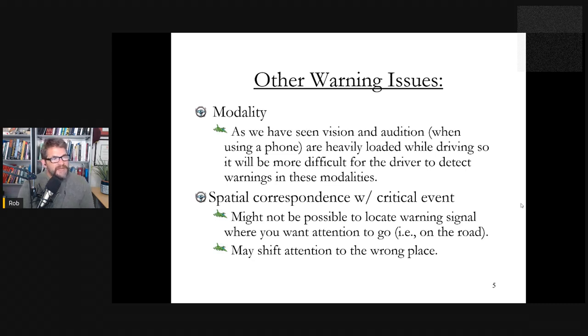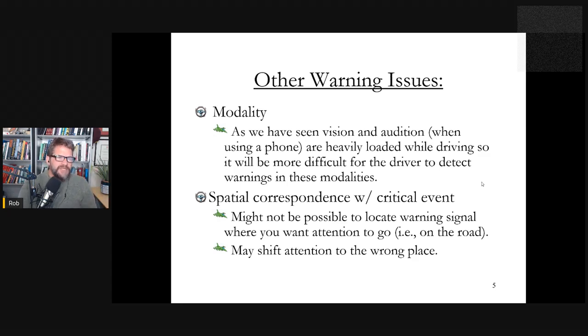It can also be fairly heavily loaded with auditory tasks, for example, if you're talking on the phone or listening to the radio. So maybe we don't want to use vision for a warning, but some other sensory modality.